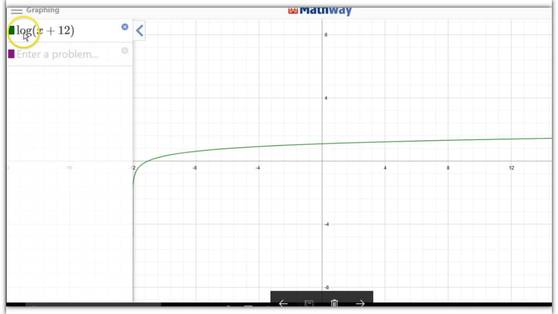If it was just the log of x, it would be right there at 0 and a 1. Now we've shifted it over 12 units. This is a negative 12 over here.